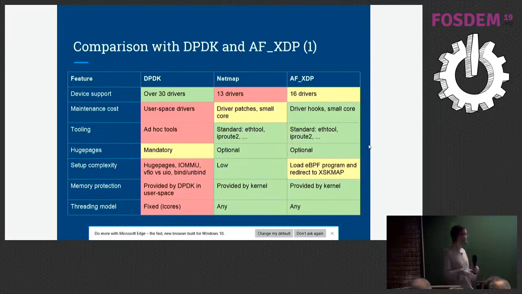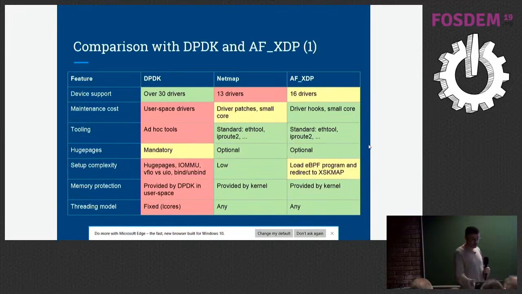Actually, with XDP, you need some very small eBPF program to redirect your packets to an AF_XDP socket. The other advantage that you get by reusing kernel drivers is that you can reuse the standard ethtool and other tools, while in DPDK, of course, you need to rewrite ad hoc tools.